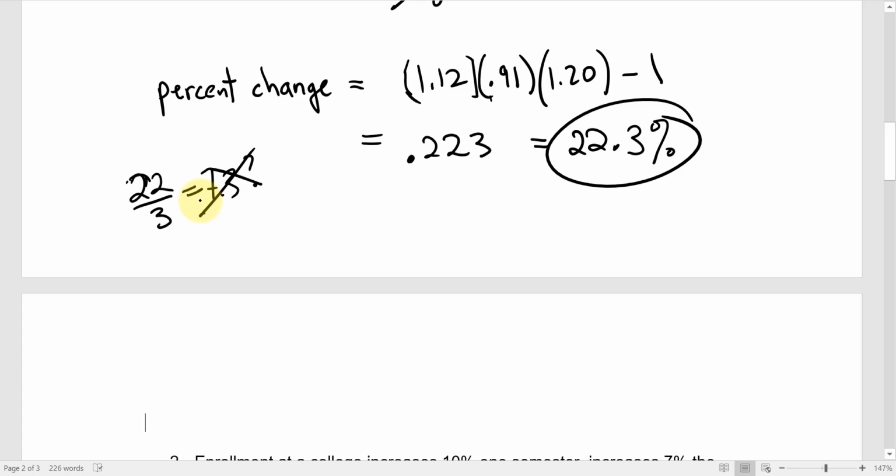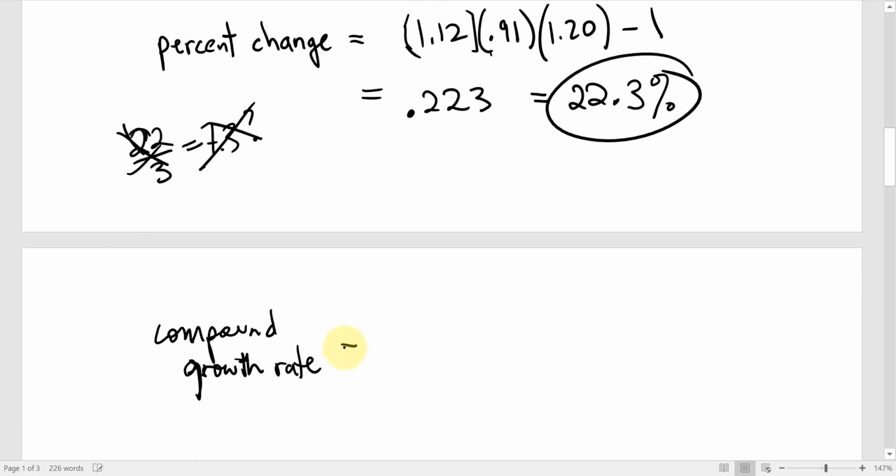If you grew by 7.3% every week, you would go well above 22% overall. So if this is the wrong way to do the calculation, what is the right way to do it? Well, the compound growth rate is the same as the rate of return that I was doing in the previous lesson in lecture 15.